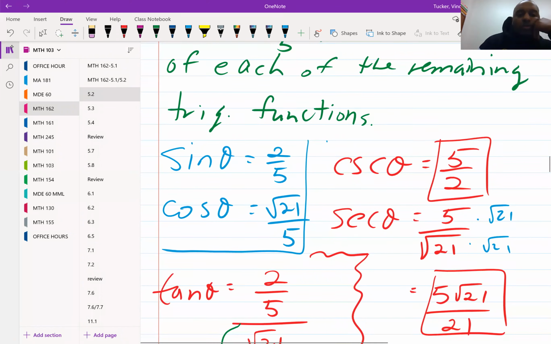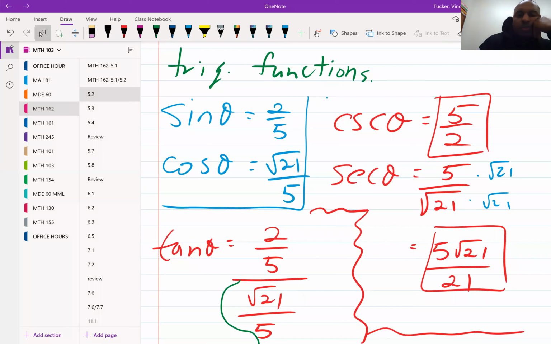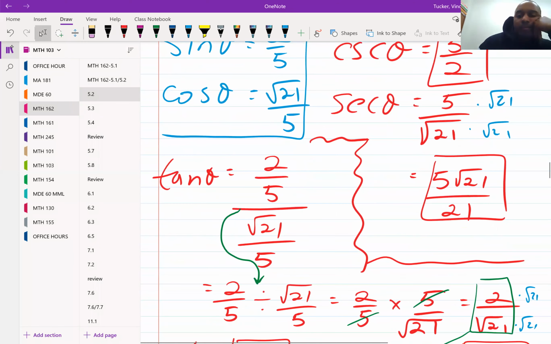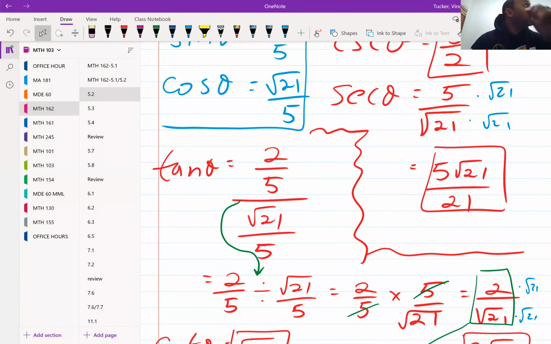All right. So tangent is, not cosine, but sine over cosine. Sorry about that.